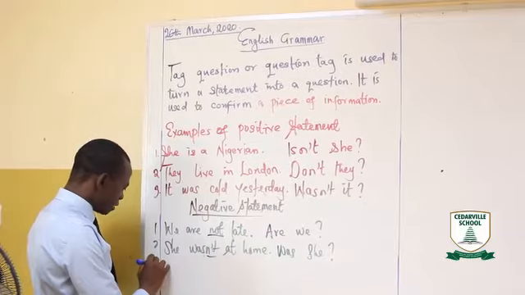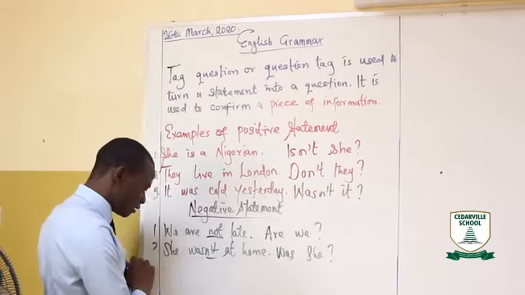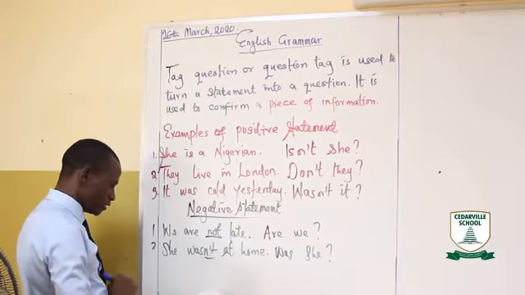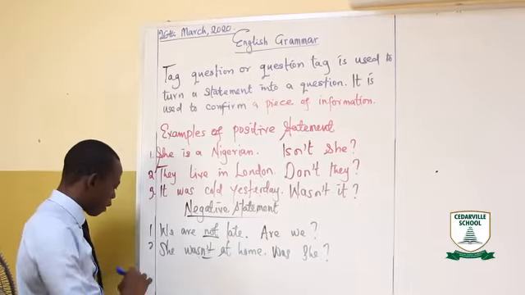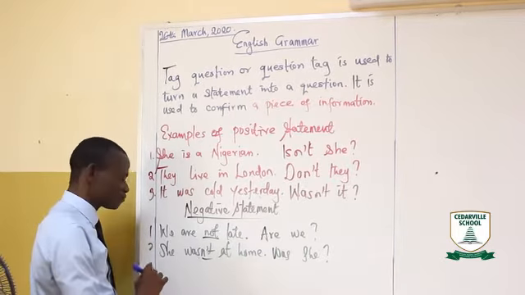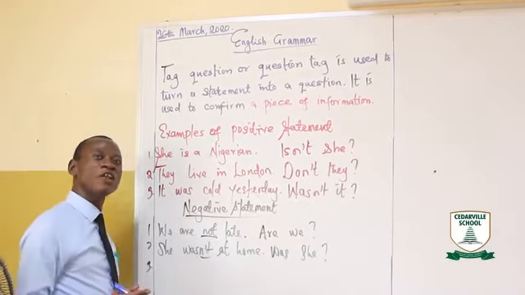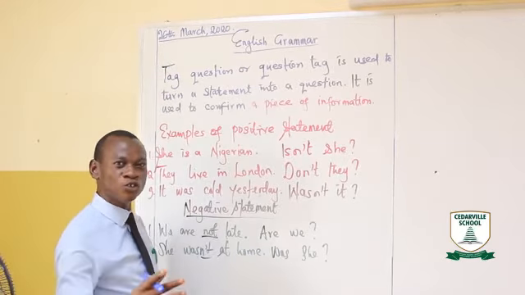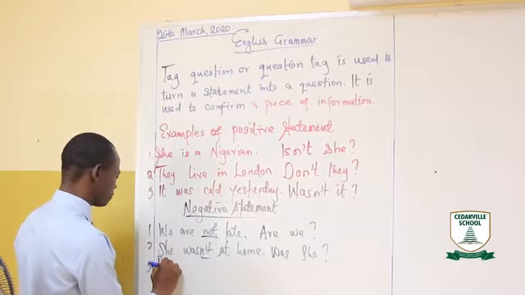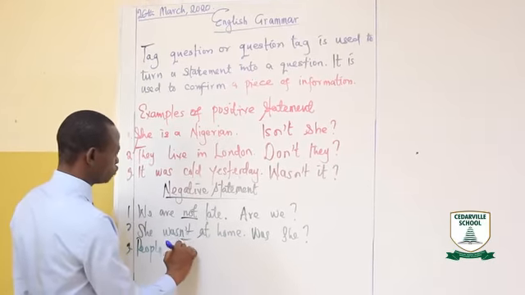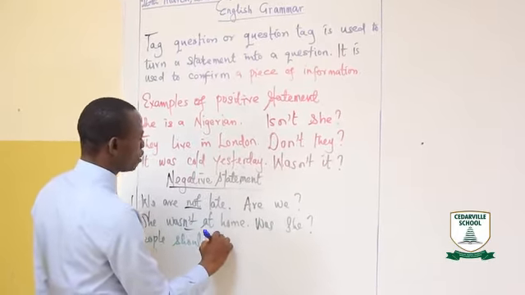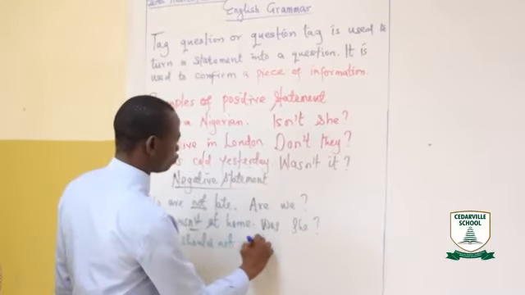Another example: people should not go out. Don't forget, because of the outbreak in Nigeria, there is a total lockdown. So people should not go out.